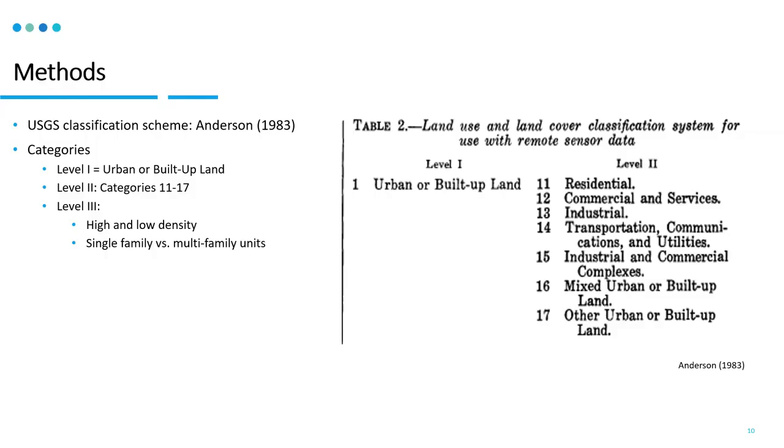This broad classification is then subdivided into level 2, which includes those listed as 11 through 17 on the right slide. Even finer, level 3 categories took the residential category and separated it into single and multifamily units. Finally, every category was delineated into high and low density areas. The definition of high density in this case is that there are more than one structure per acre of land.